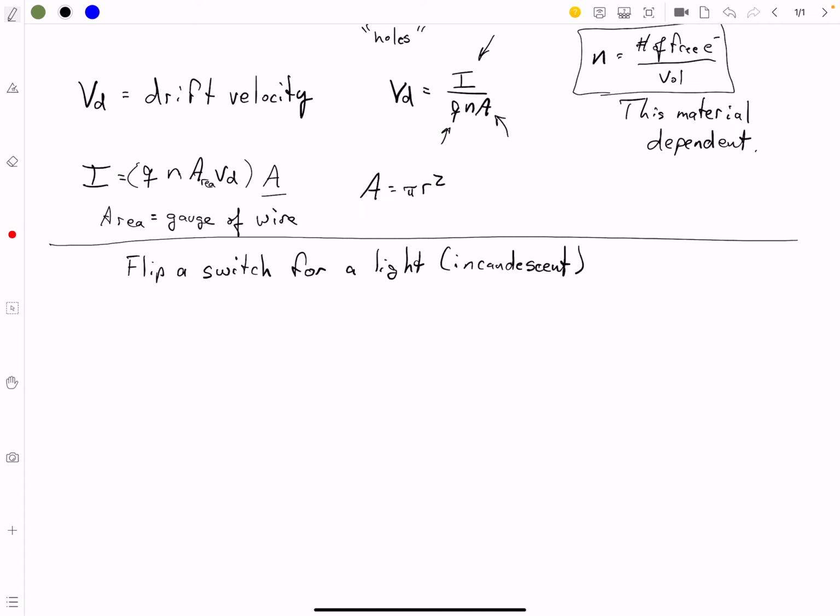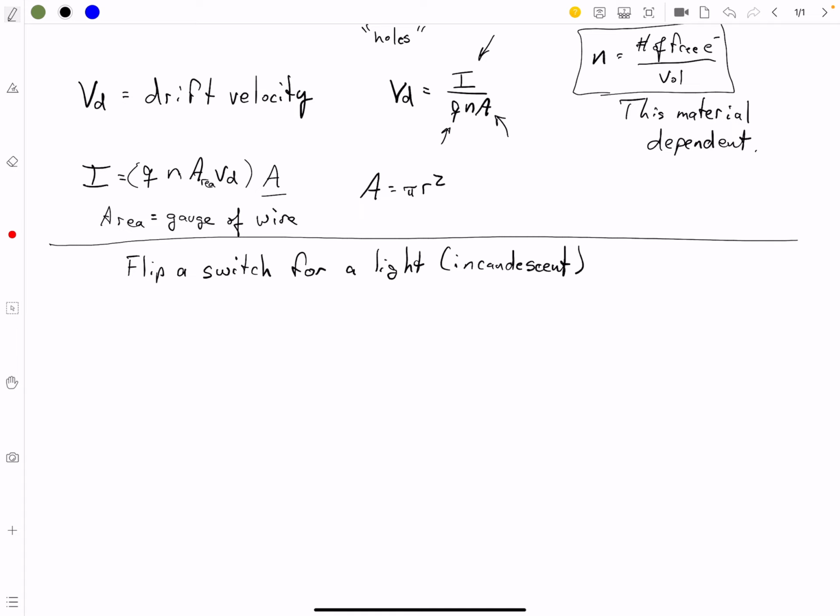A filament that heats up as the current flows through it. Okay, that's incandescent. So we have an incandescent light, and we flip a switch, and that light comes on pretty fast. Okay, really fast. Not quite the speed of light, but pretty fast.